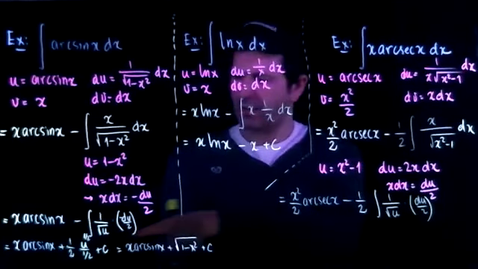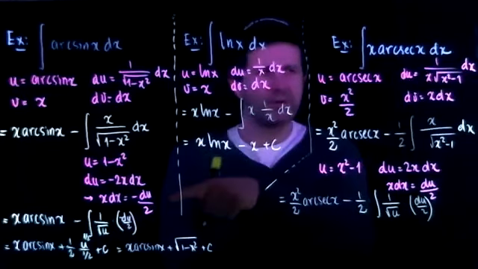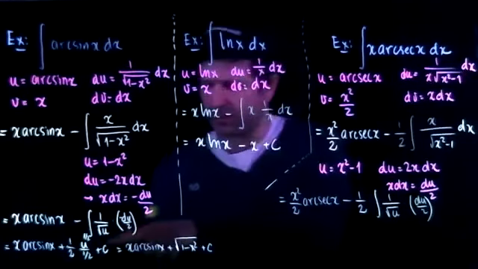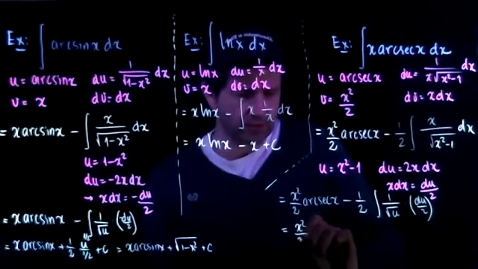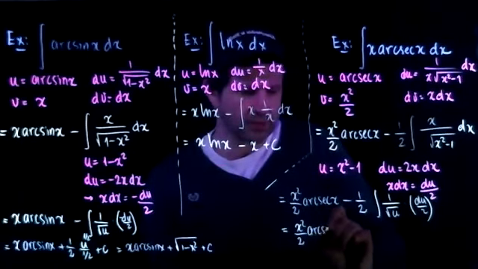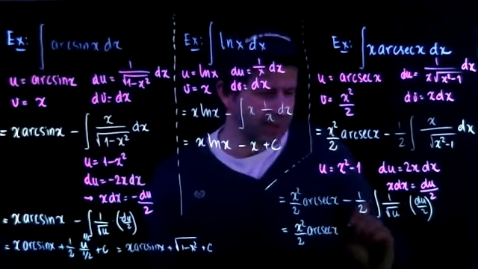So just like we had before over there, it's the same integral, pretty much. So x squared over 2 arc secant x, so minus 1/4.